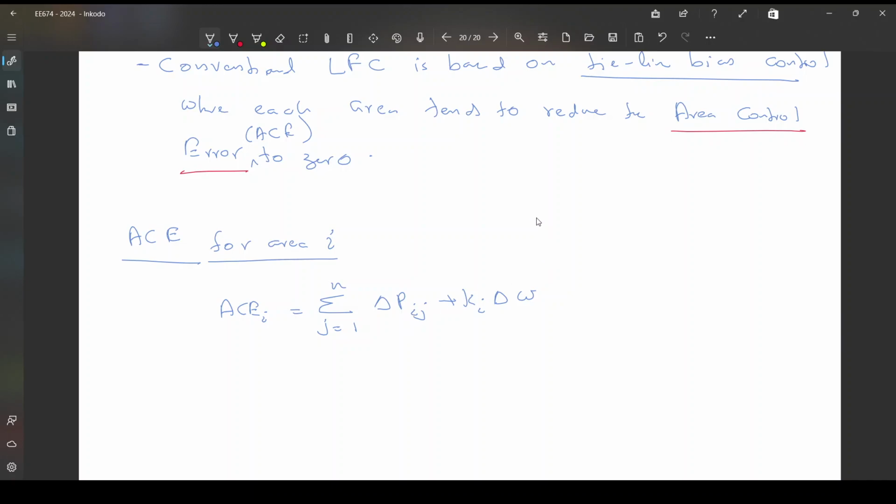And the K_i basically determines the amount of interaction during a disturbance in the neighboring area, right?